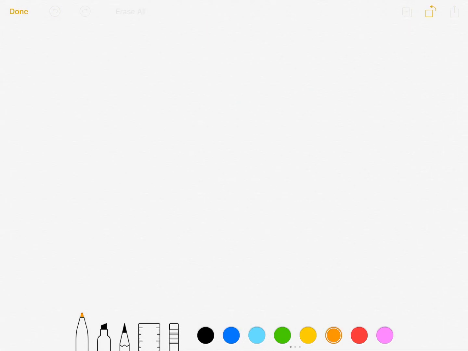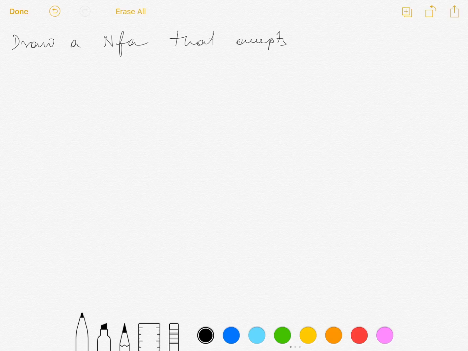Now, let us consider a few more tricky questions. Draw an NFA that accepts (AB, ABC) whole star.